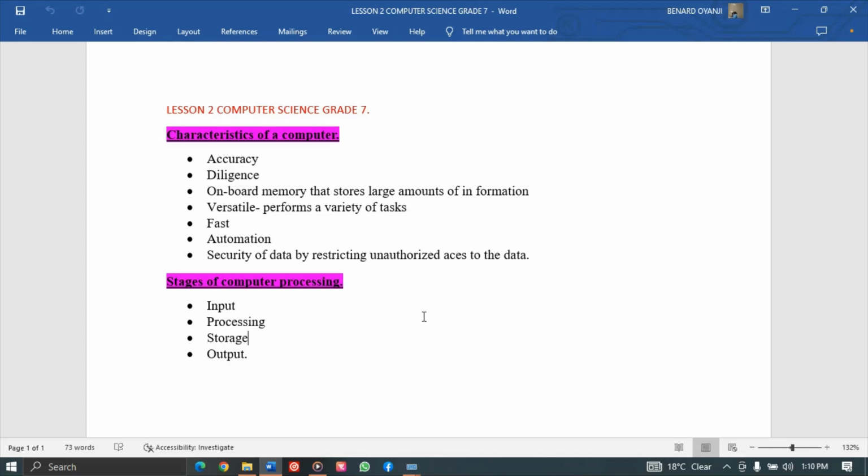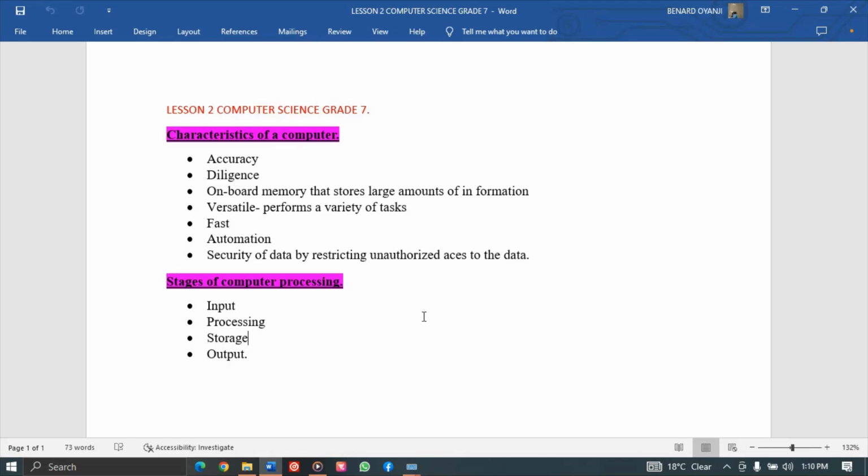Okay, apart from that, we have onboard memory that stores large amounts of information. So when you talk about memory, we shall talk more about memories. We have different types of memories when you talk about computers. So we shall talk about them in another lesson. But for today, you are just supposed to know that a computer has got a memory. It has got storage devices that store large amounts of information.